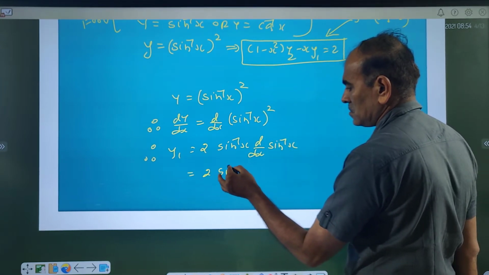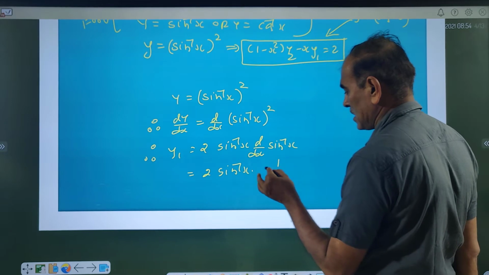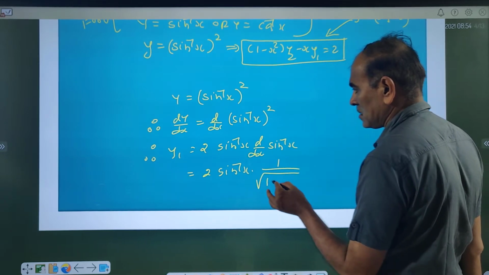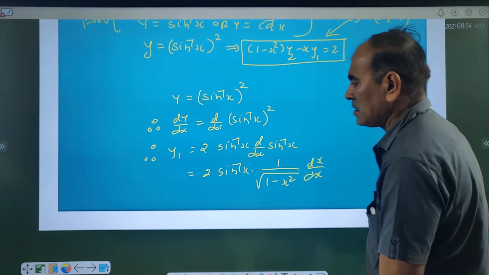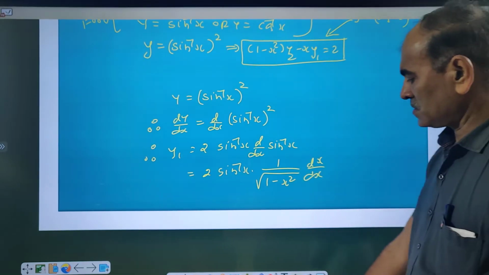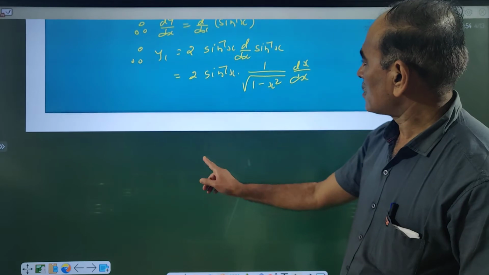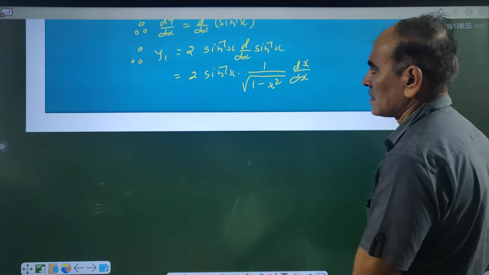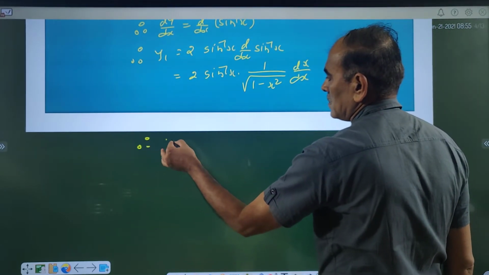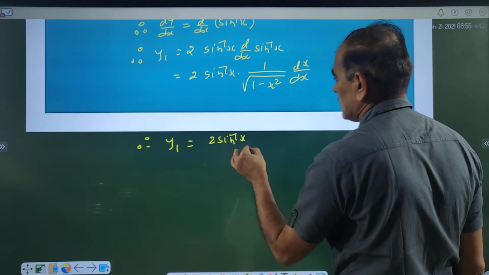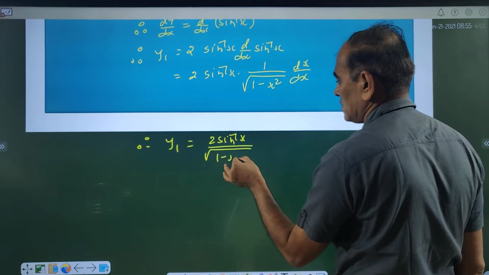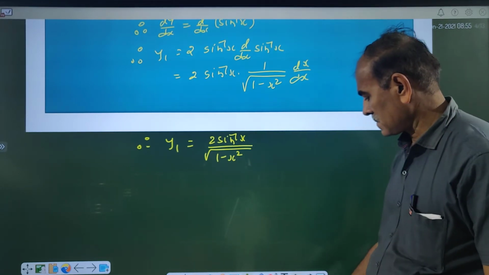That is 2 sin inverse x times 1 upon under root 1 minus x square. And therefore, y1 is equal to 2 sin inverse x over under root 1 minus x square.